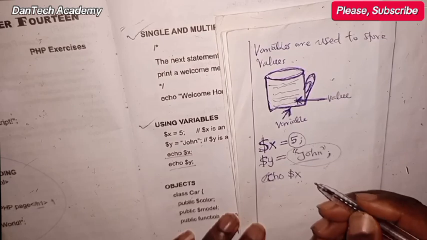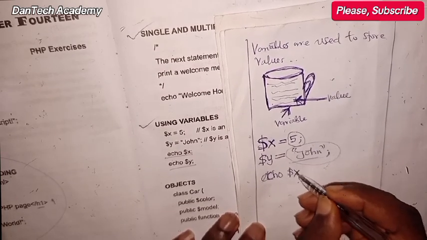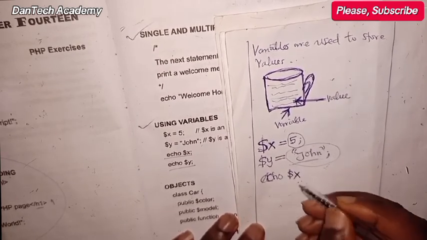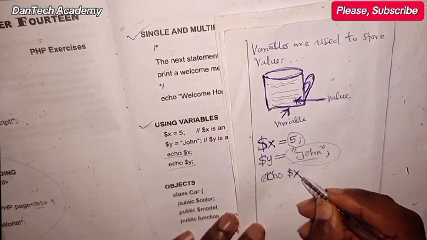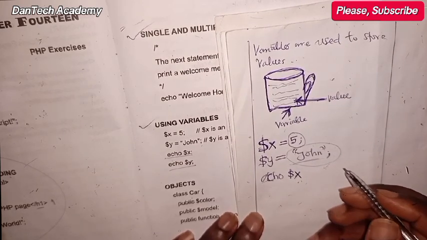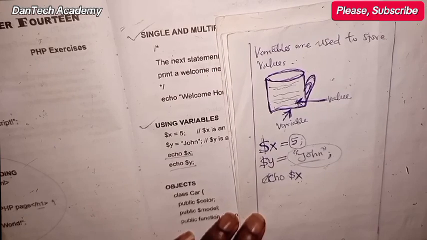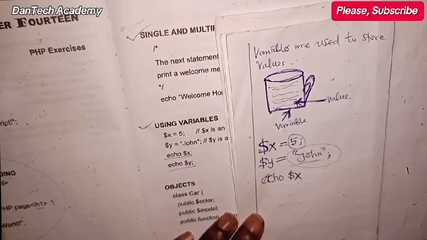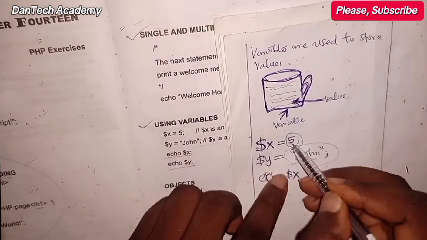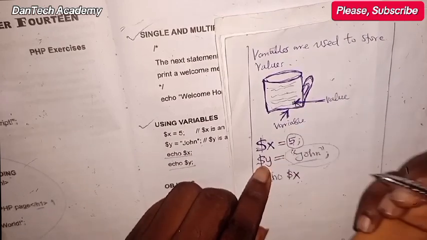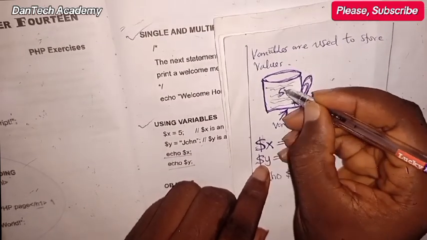So anytime I do echo variable x, what we display, my output, will be 5, because I've already stored this 5 inside this variable.